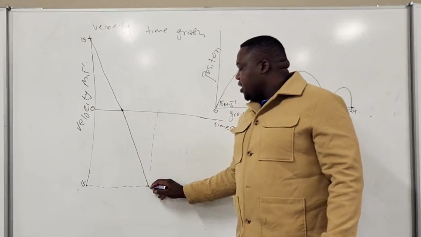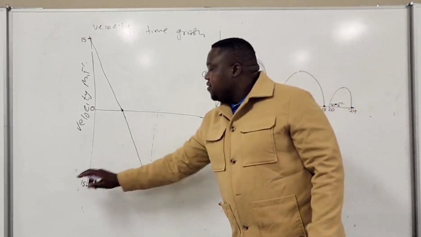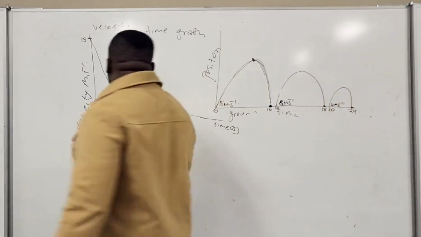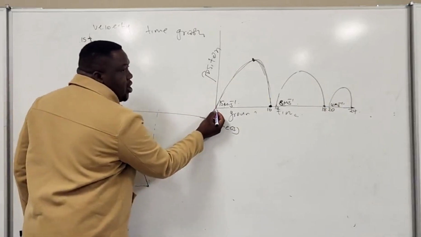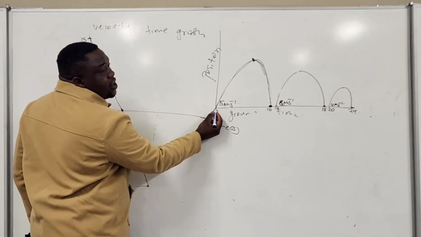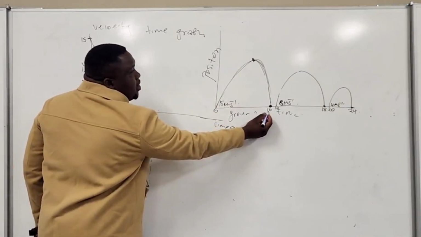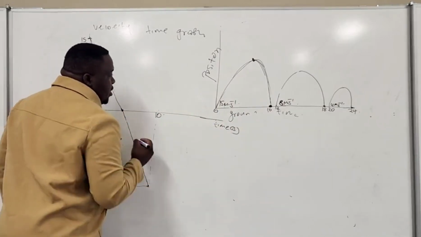So you can see that when it hits the ground, the object is moving at 15 meters per second. Right? So here we need to write everything. We know that the ball, from the time it was projected up until it returned to the ground, took how many seconds? It took 10. So here we're going to have 10.